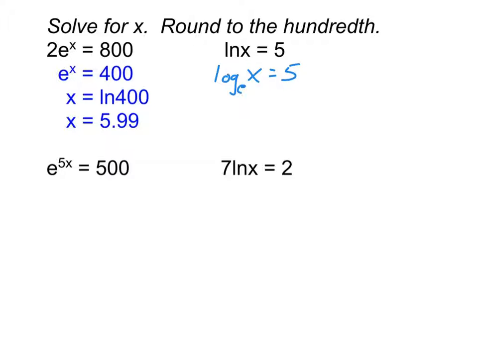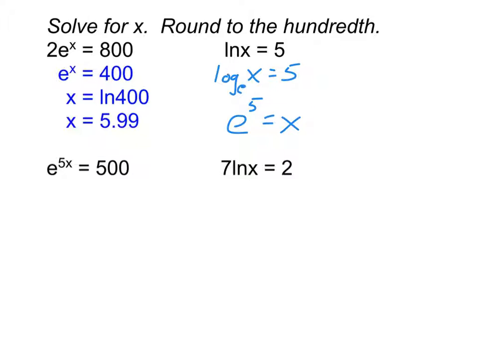It'll help you visualize how we change it, because I'm going to write that log base e of x as an exponential. As an exponential, it becomes the base e to the power of, remember, log equals the exponent, so it's e to the power of 5 equals x.